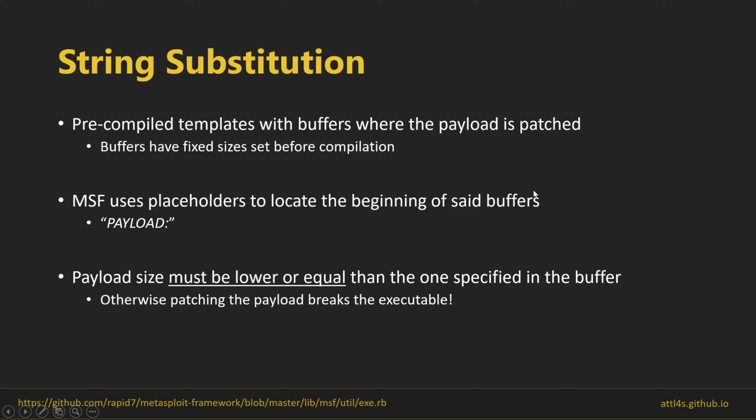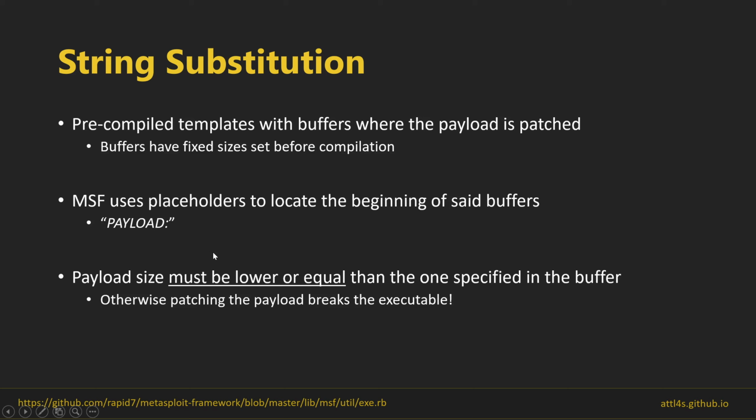So when you generate a payload with Metasploit, Metasploit is going to get the template, search for the placeholder, and patch the shellcode in that location, replacing the placeholder with the shellcode.